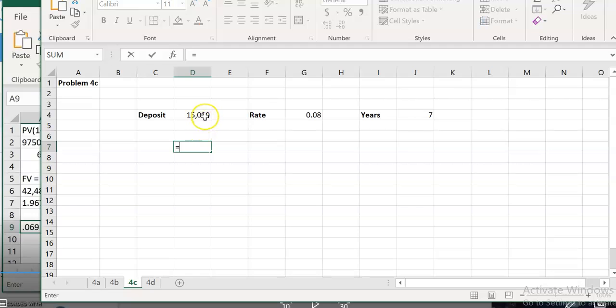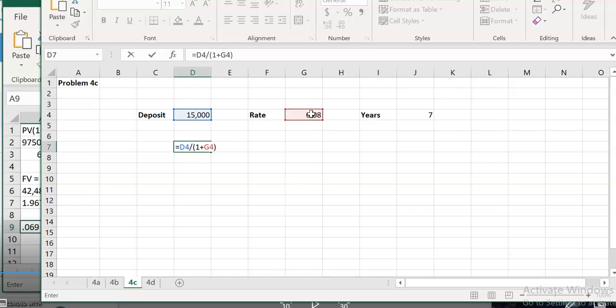We're going to take this 15,000 here, and we're going to divide it by 1 plus our rate, which is given in the problem as well.